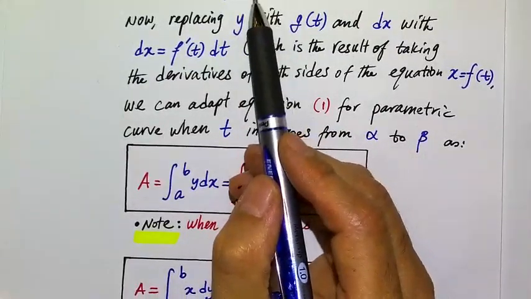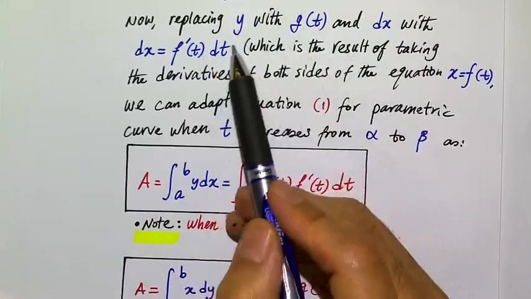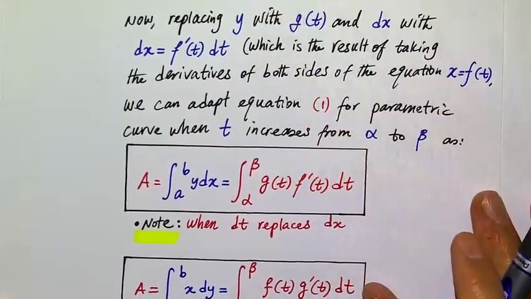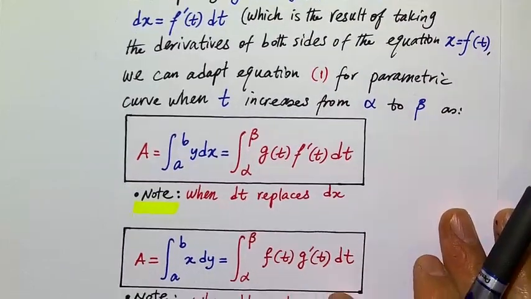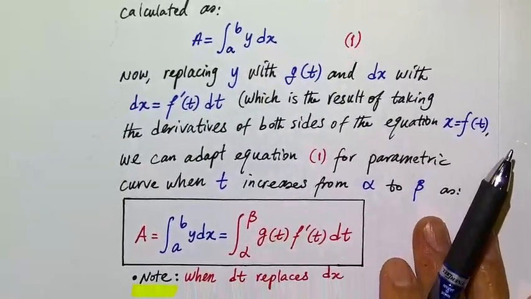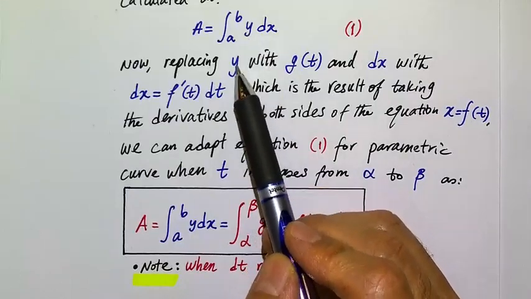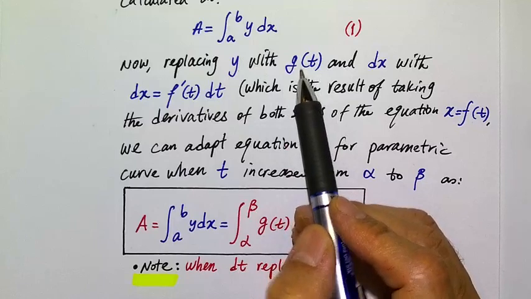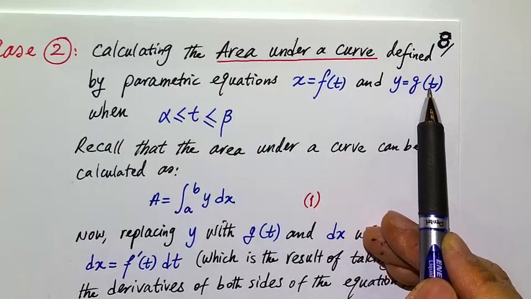But this does not apply to situations where we have parametric equations. Okay, so how does this integration formula change for parametric equations? Well, we're going to replace this y. Oops, sorry, I was off the screen. So for this y, we will replace it with its parametric equation equivalent, right? Because we know y equals g of t, g as a function of t, right?